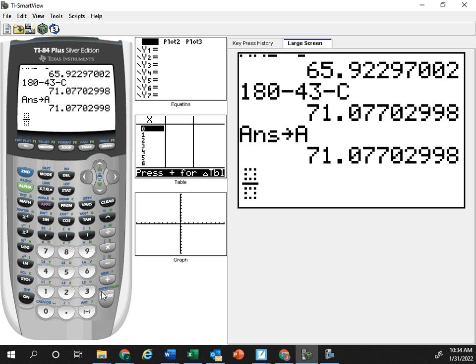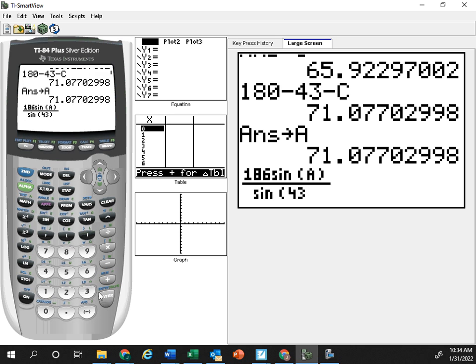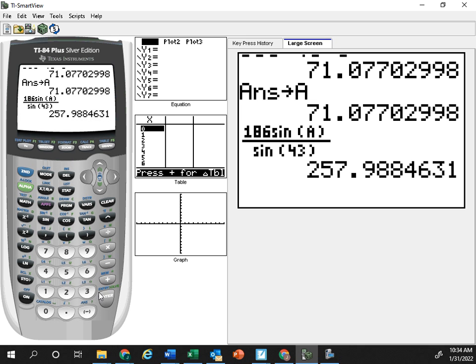All right, 186 sine of stored A over sine of 43. All right, we get 257.988. You don't have to store this one anywhere, okay? It was the last piece of the triangle.